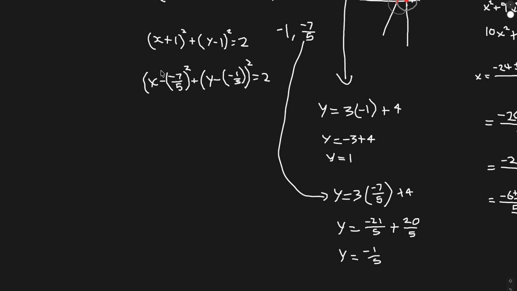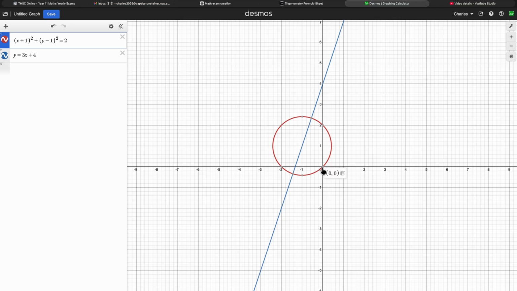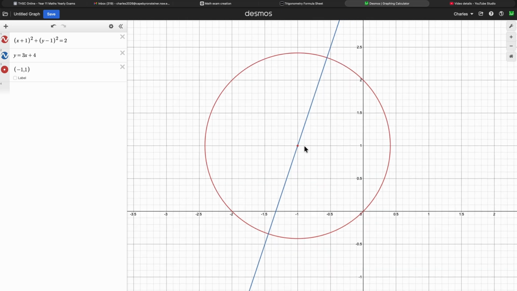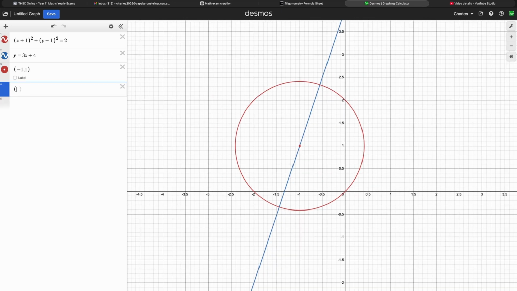So now let's put this into Desmos. Look at that. Through 0, 0. And we'll get a dot at negative 1, comma 1, which is the center of the circle. Look at that. There's our first one. Now our second one was x minus, what was it?